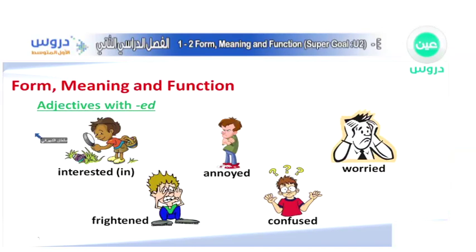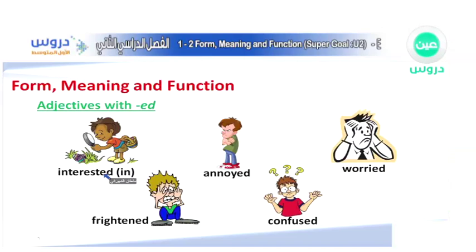Okay, let's see. We have more adjectives with ed or ing. Interested. We can say interesting. So, the boy is interested in these eggs. He is interested in these eggs. These eggs are interesting to the boy.